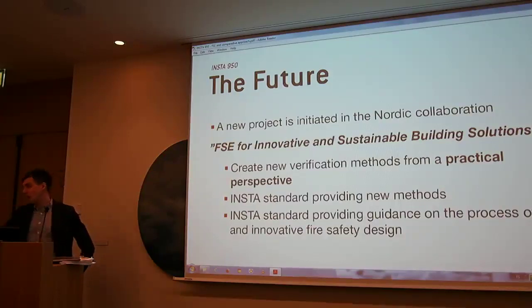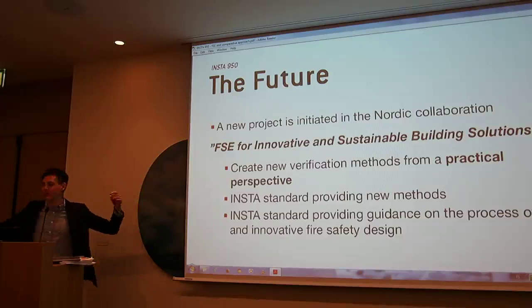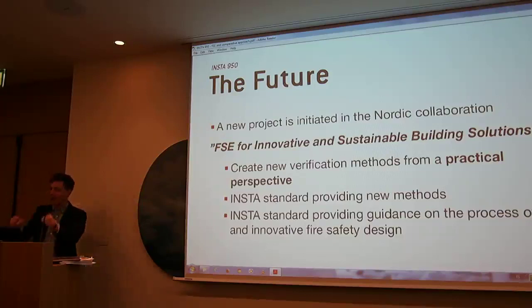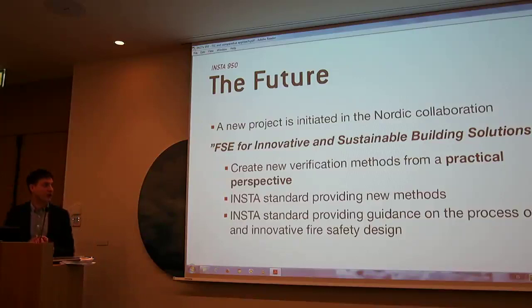Often we talk about processes, the flow to do things, but not so much on hands-on how to do it when you are designing. And hopefully it will be 2 new INSTA standards. One is for the method, and one is on the guidance on the process of safe and innovative fire safety design.